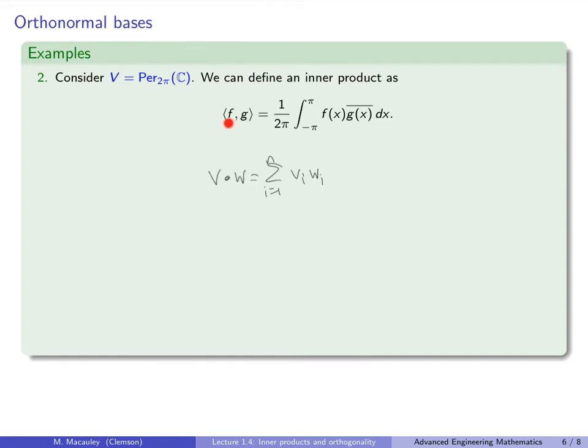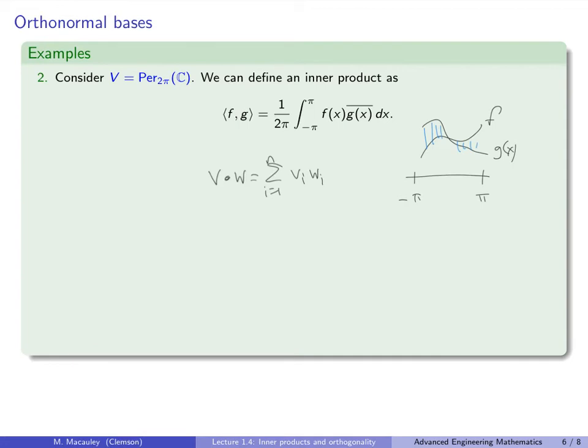Well, here you have a continuous or piecewise continuous function on a whole interval from negative pi to pi. So this might be f, this might be g. So what's the analog of multiplying these things together pointwise and adding that up? Well, that's what this is. It's f times g integrated from negative pi to pi.